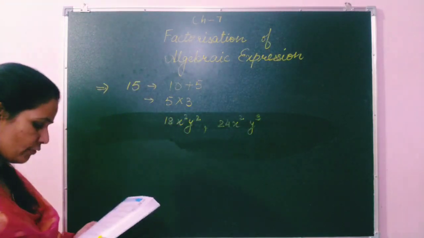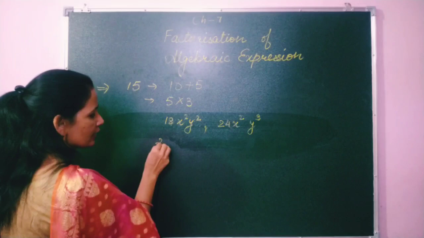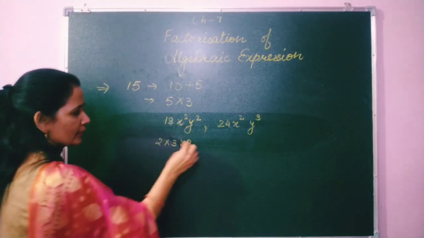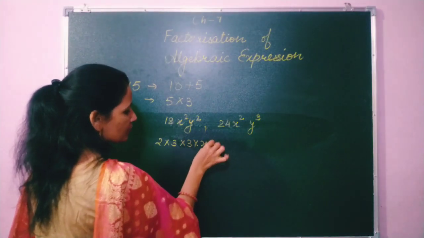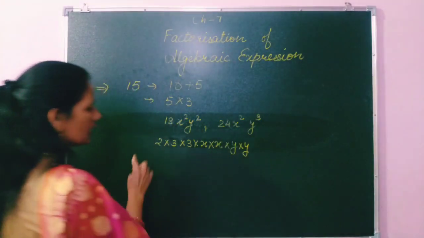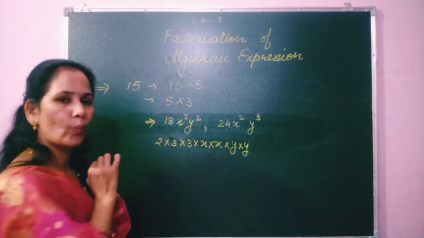So first of all students, you have to make the factors of these. 18 we can factor the same way, 2 threes are 6, 6 threes are 18. Then x square means x multiplied with x, and y square means y multiplied by y. This is how I have written the factors of 18x square y square.